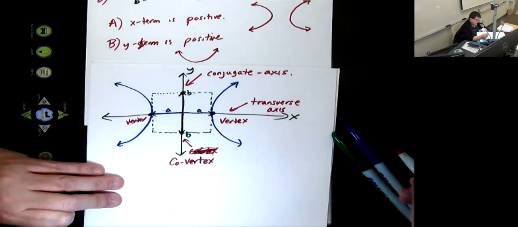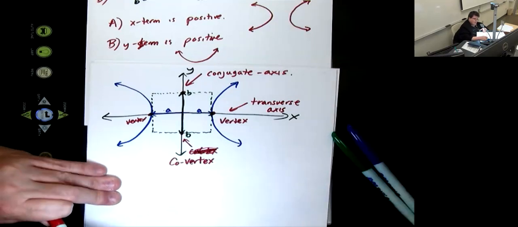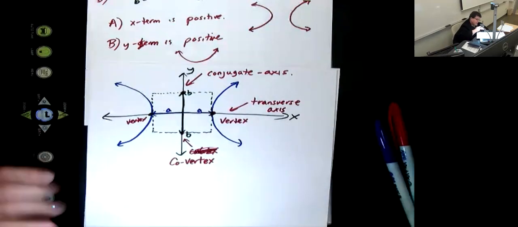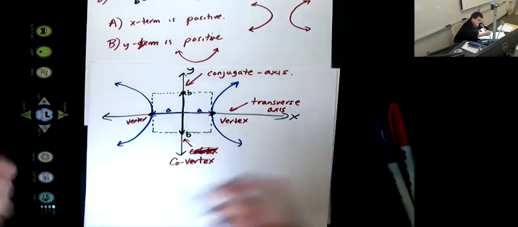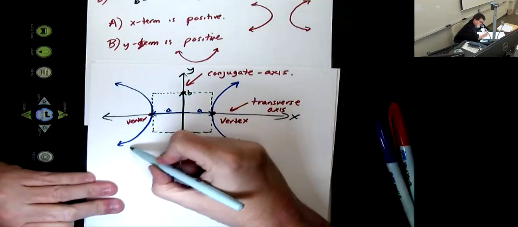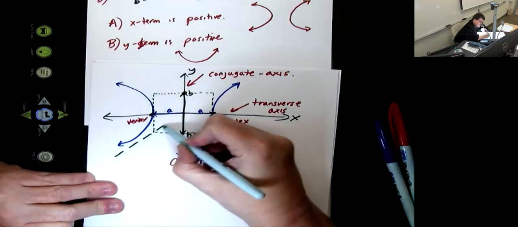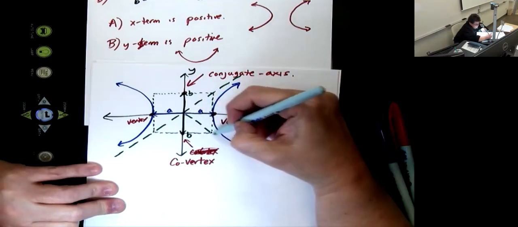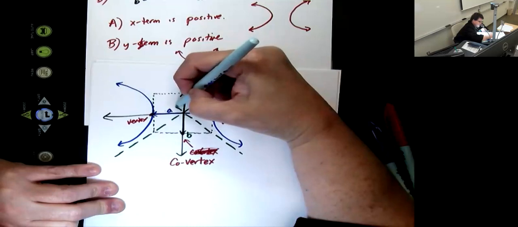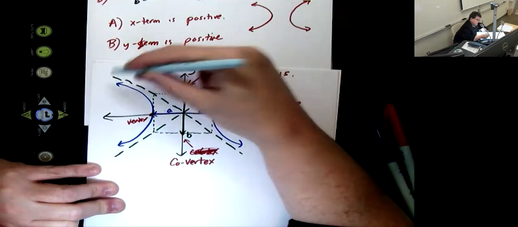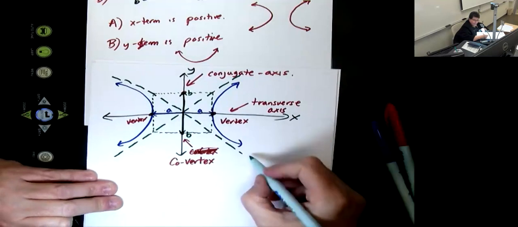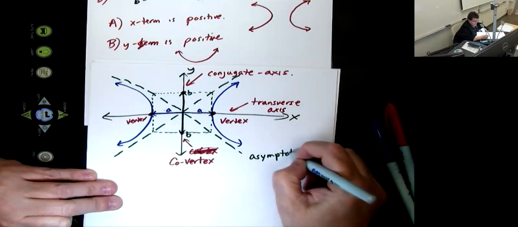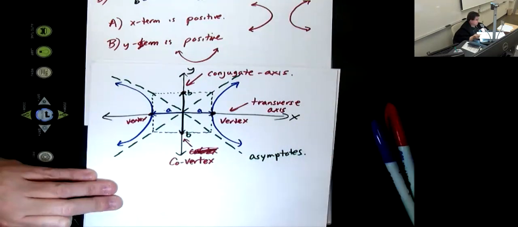And same up top. When you make this box, you connect the lines diagonally with a dashed line. These dashed lines are asymptotes, so the hyperbola graph approaches them.